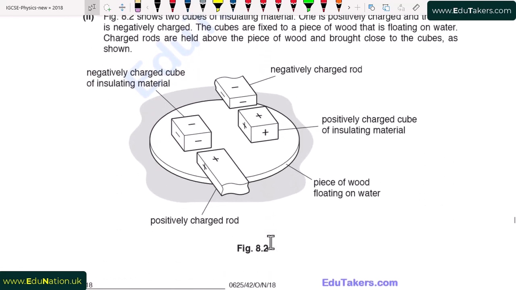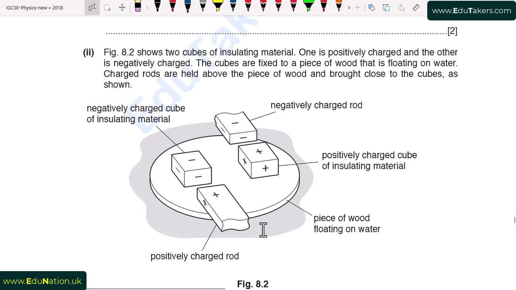So part 2, figure 8.2 shows two cubes of insulating material. So there are two cubes in figure 8.2. One is positively charged and the other is negatively charged. The cubes are fixed to a piece of wood that is floating on water.